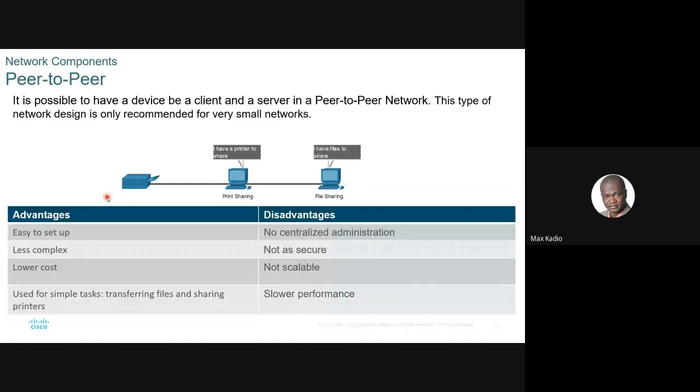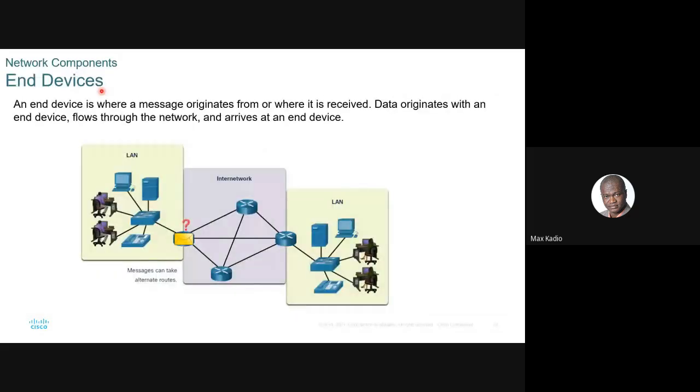The components of a network, we have 3 components I'm going to show you. We have the first one called end devices. You see, in a company, you have the employees, we touch PCs, printers, you see.